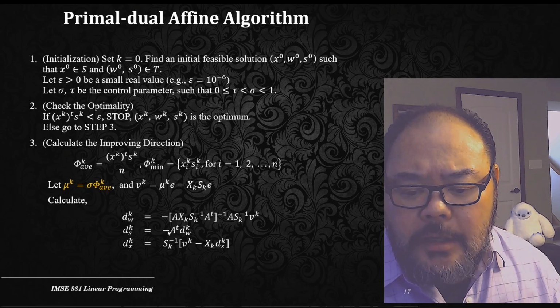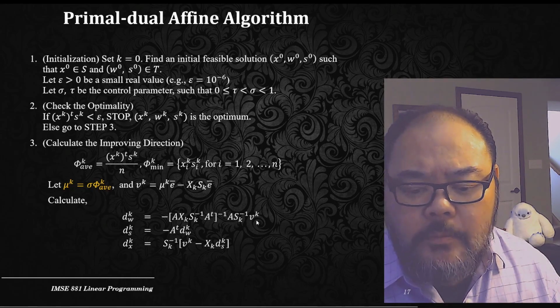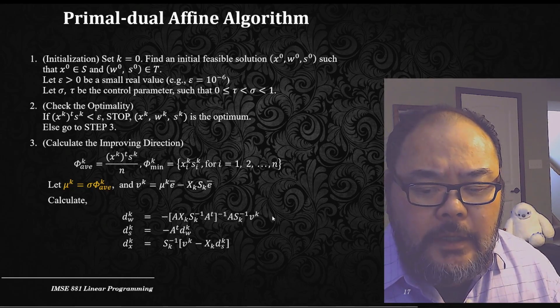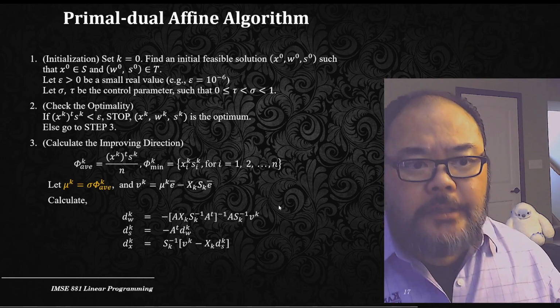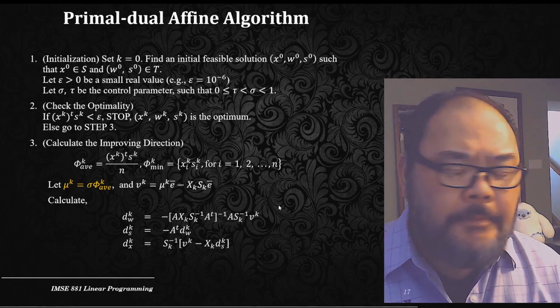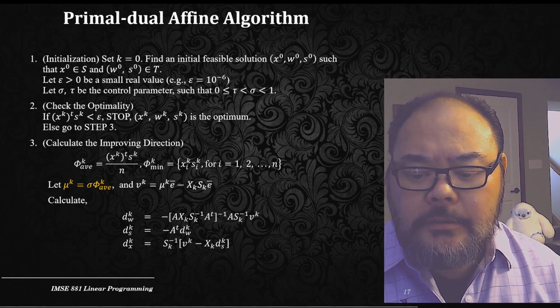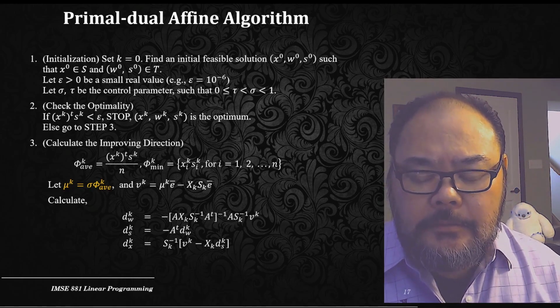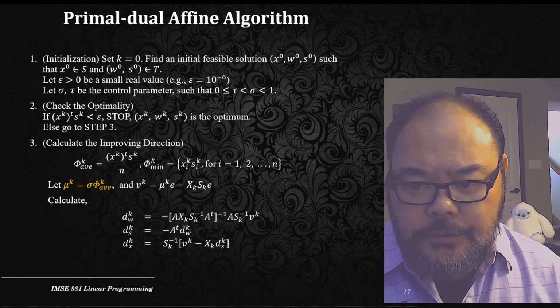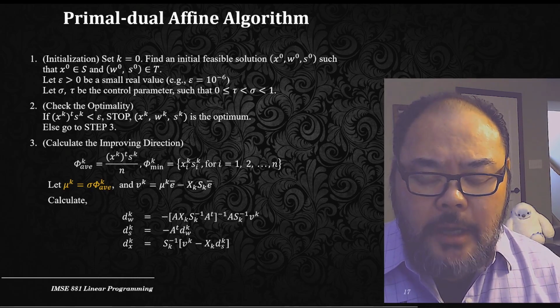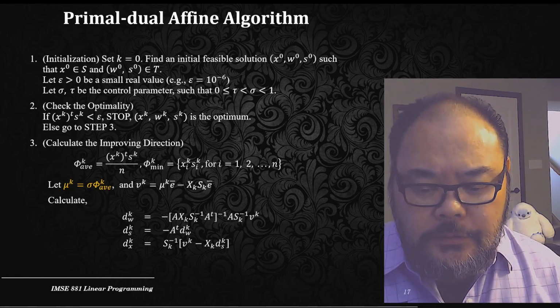the direction can be calculated in a simplified form without even involving Tk and Uk. Tk is the primal infeasibility, as we defined before, and Uk is the dual infeasibility, if the current solution is primal feasible and dual feasible as well.